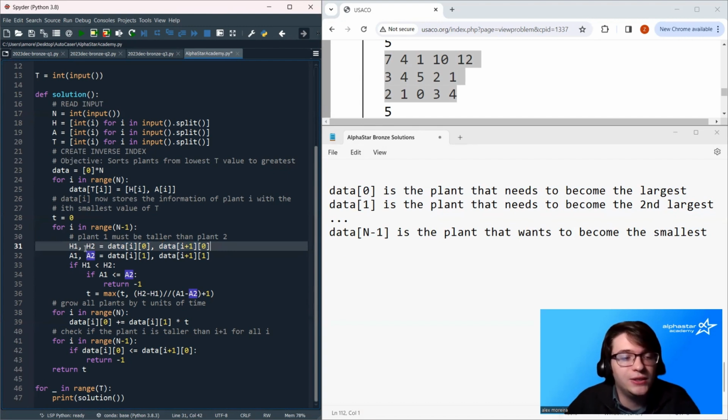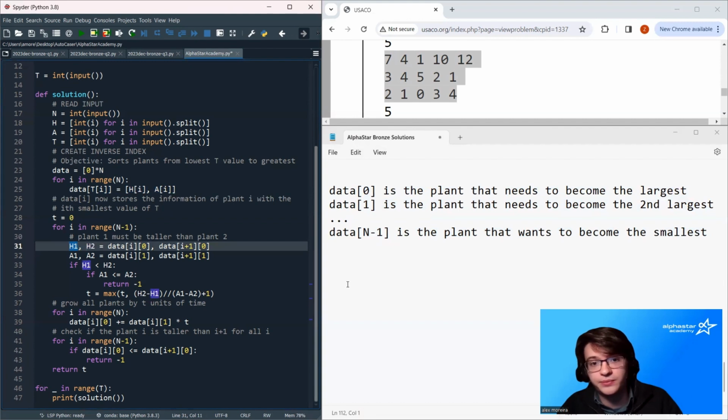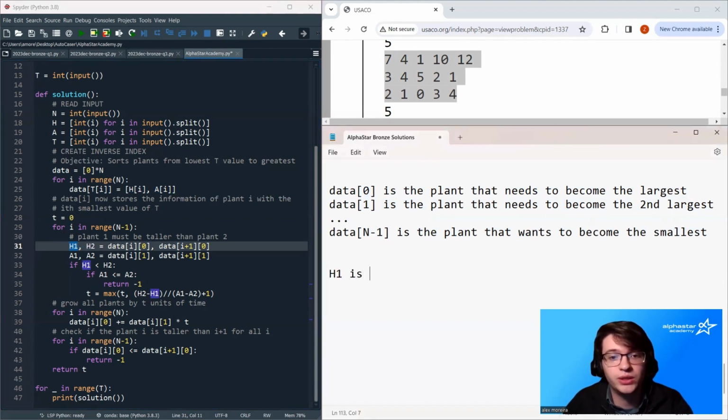But the idea is h1 is the height of the plant that needs to become taller.